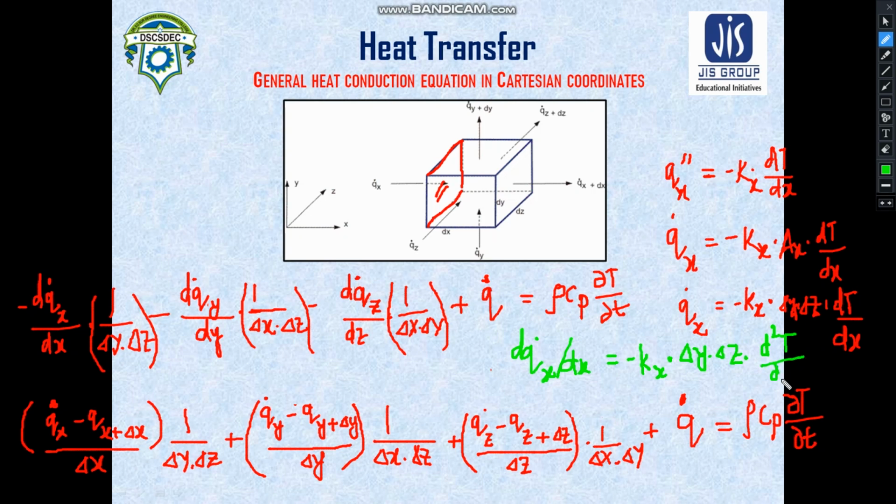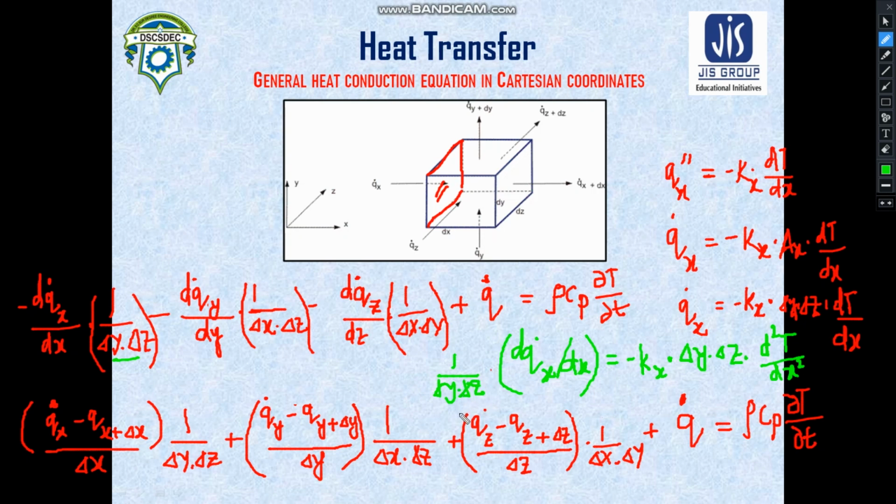So the derivative of this quantity with respect to dx becomes minus kx delta y delta z into d2T/dx2. Now if we multiply this quantity with this value here, so it was delta y into delta z, right?